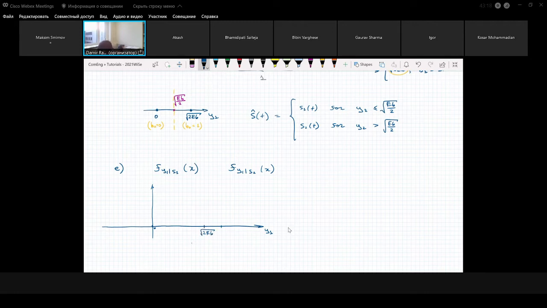Without noise, what happens with your probability density function is that you will have two delta peaks. One delta peak corresponds to transmission of signal S1, another delta peak to transmission of S2.